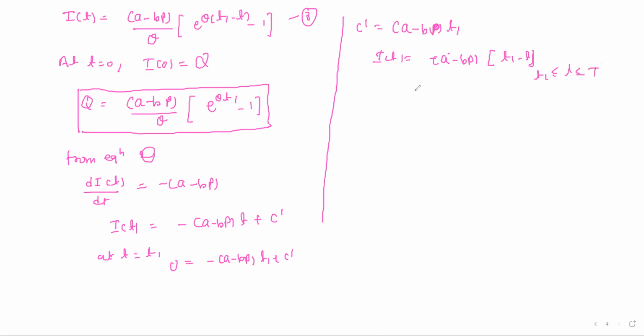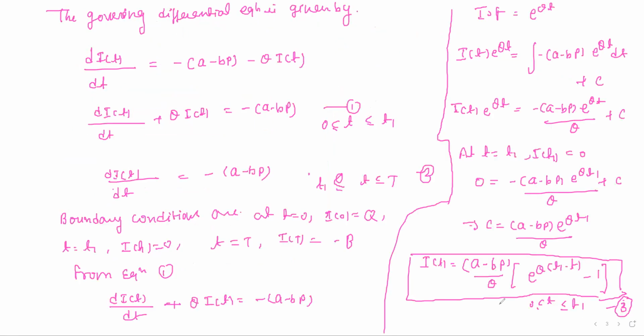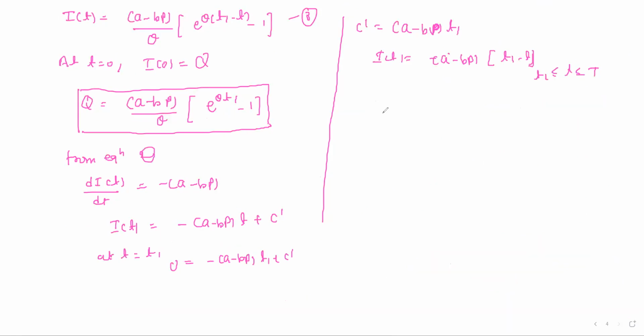Now we can find the backorder quantity. Since we have the last boundary condition that I of T is minus B, we can use this for finding the value of backorder quantity. So now at t equals T, I(t) is minus B. So this will come minus B equals (a minus bp)(t1 minus T).